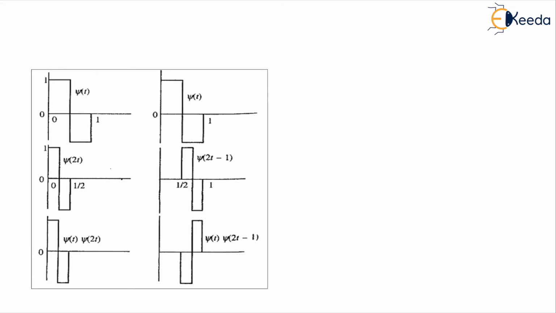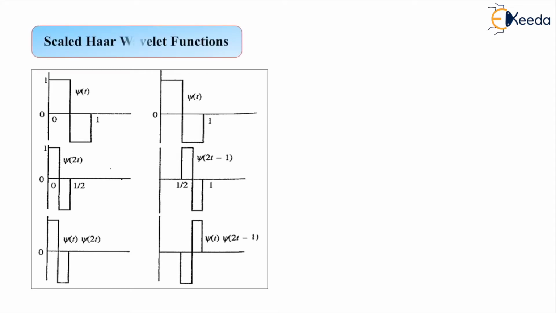Now let us see the illustration of the product of the functional bases. On the left hand side, initially you see psi of t, then psi of 2t. Psi of t is from the W0 functional space and psi of 2t is from the W1 functional space.